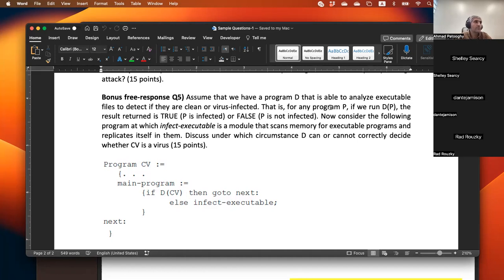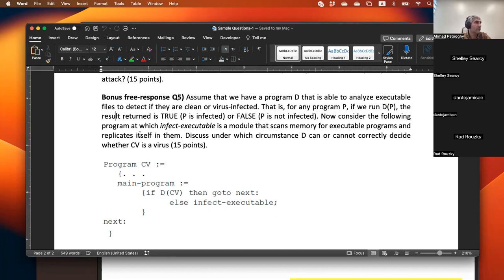That's for any program P. If we run D of P, so that D helps for any executable, the result is either true, which is infected, or false if the program is not infected.